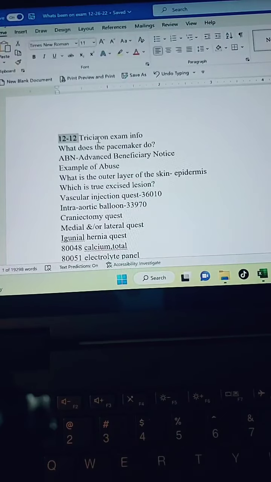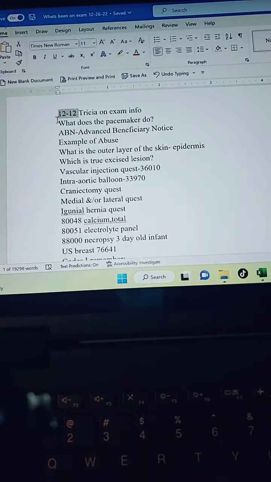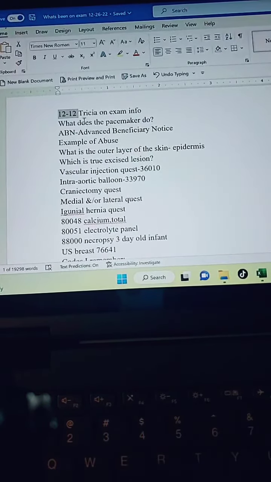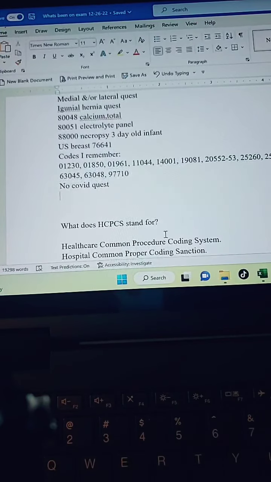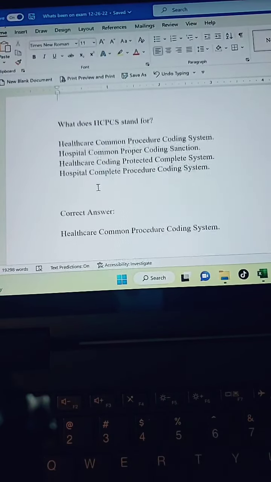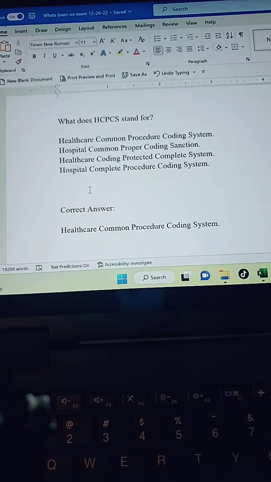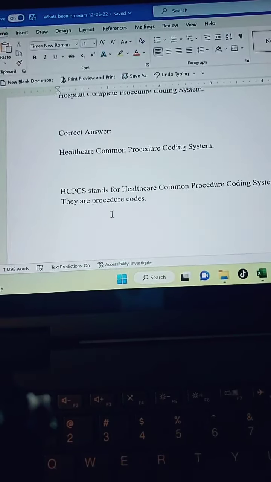Like Tricia wrote down that she had a question that was, what does a pacemaker do? She had this CPT code. There were no COVID questions. Isn't that handy dandy? And if I find a question that somebody has told me has been on their exam, I'll post it here too.